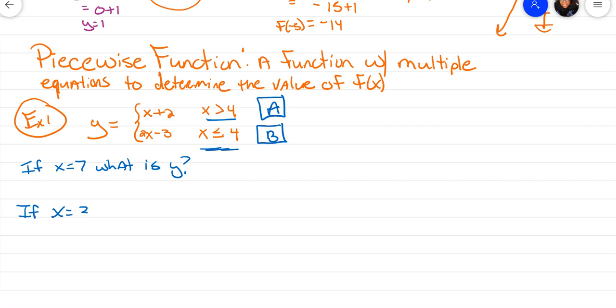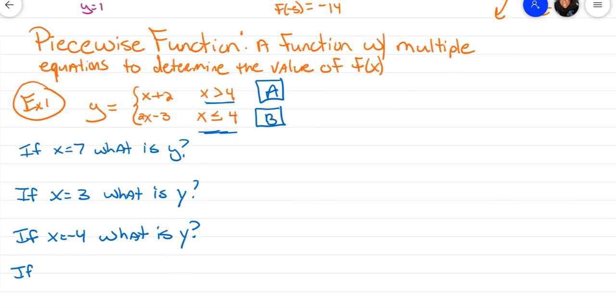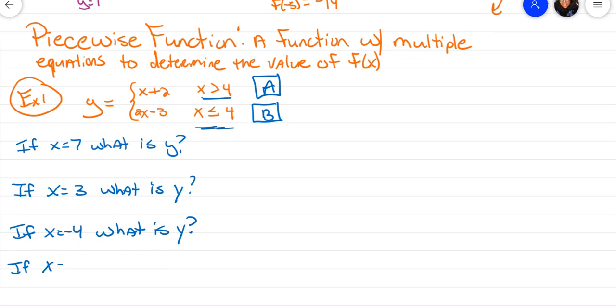If x equals 3, what is y? If x equals -4, what is y? And if x equals 4, what is y? Now we're going to figure this out from this function.